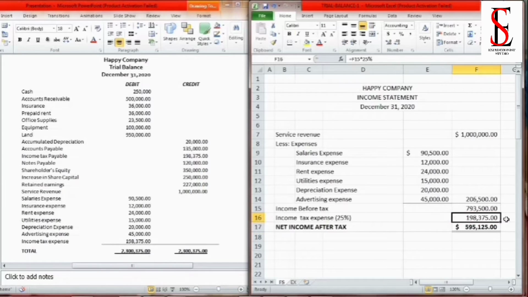So after we deduct the income tax expense from the income before tax, we will get the net income after tax. Okay, so don't forget the dollar sign and the double rule.